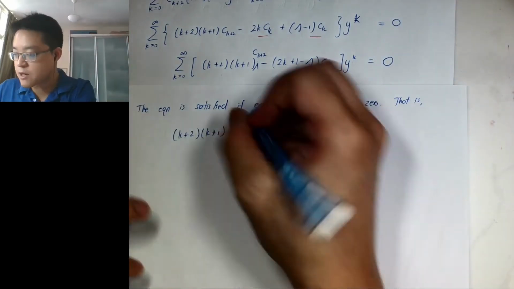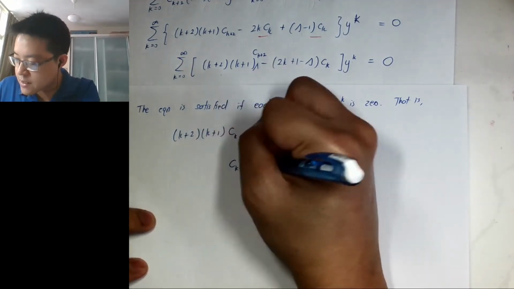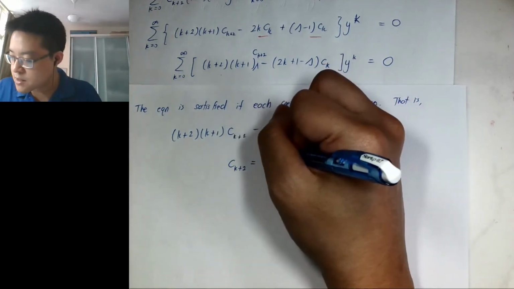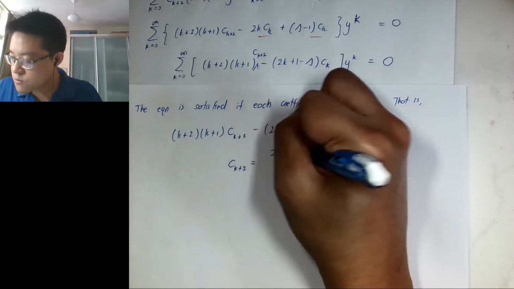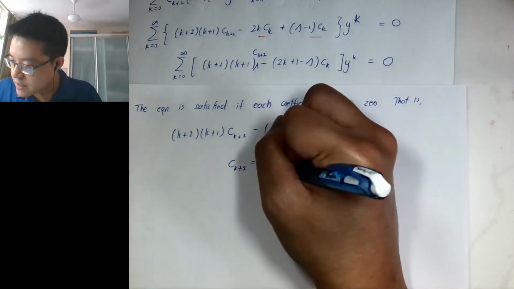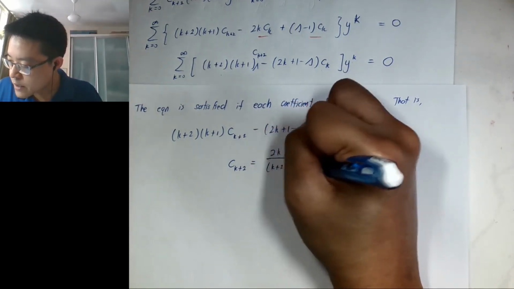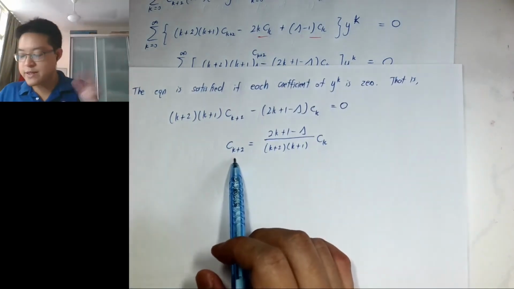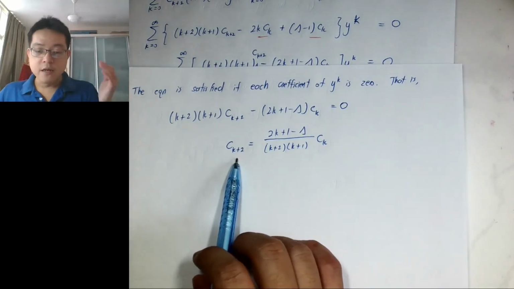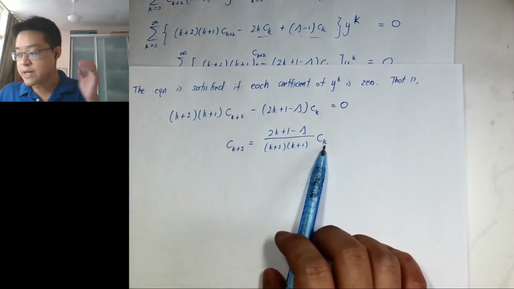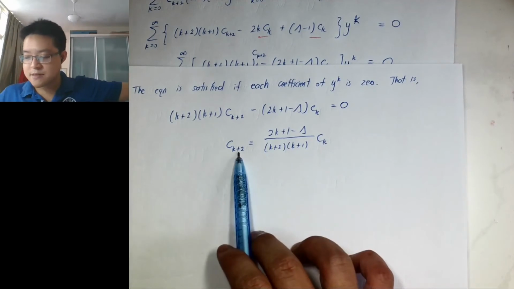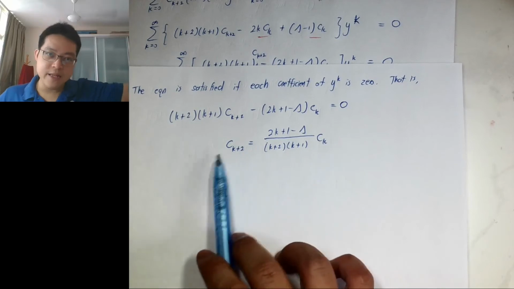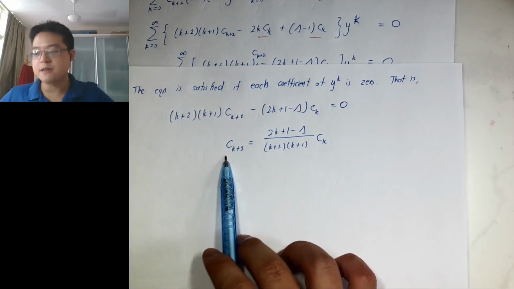But in any case, we got some relation between c_{k+2} and the previous c_k, which is (2k plus 1 minus lambda) divided by (k plus 2)(k plus 1), times c_k. Okay, so this is not an equation to determine the c, but this is what we call a recursion relation. Given the k, I can determine the c two steps later. Given one c, I can determine the c at two steps later.